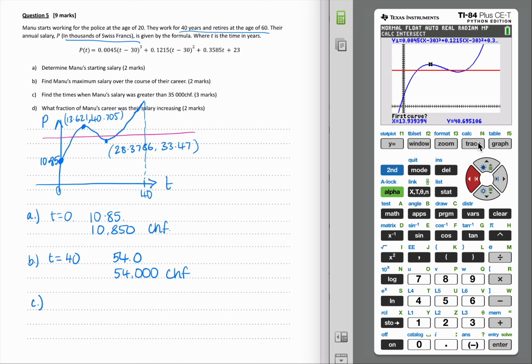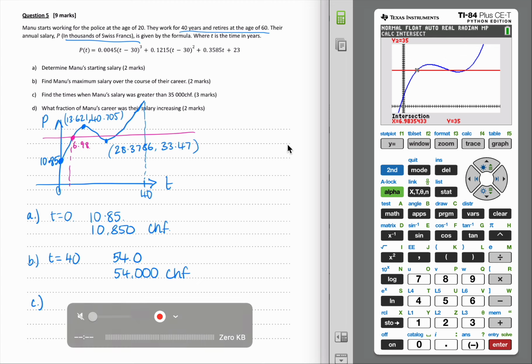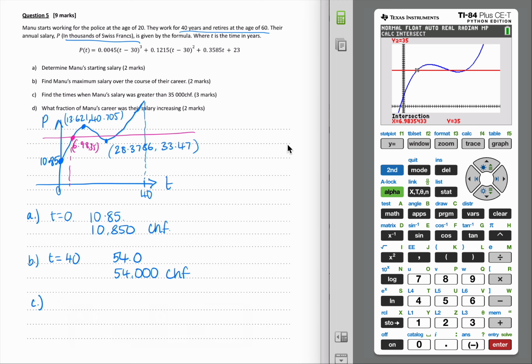The first intersection is at 6.98. So here is 6.98 on the x-axis. We know that the y-axis would just be 35.